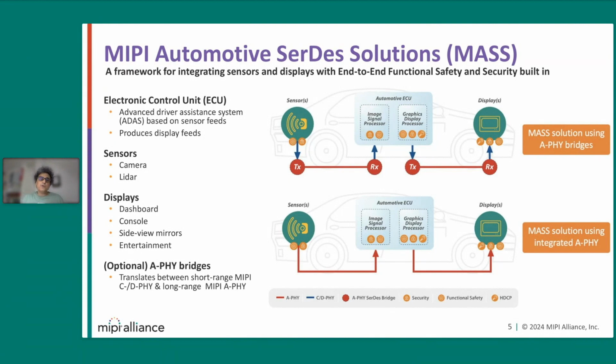And with MAS, what we try to provide is a full solution for sensor and displays in a car using A-PHY as a physical layer, either integrated within the sensor or within the display module, or by use of SerDes bridges to extend the reach of the native camera and display interfaces.